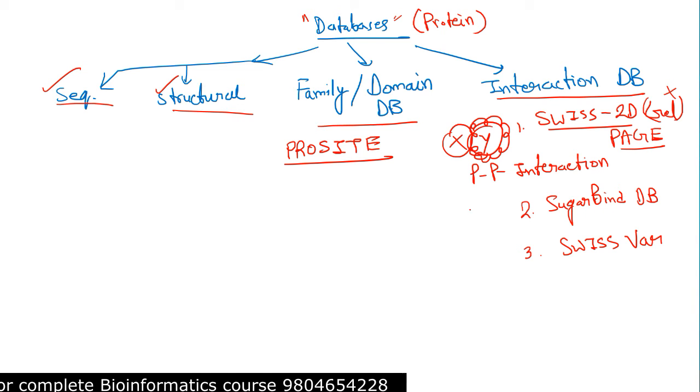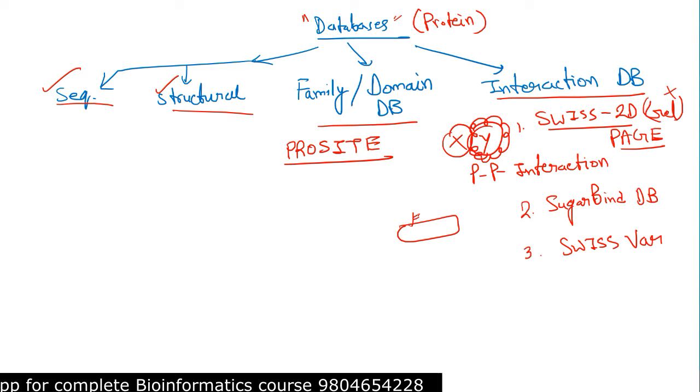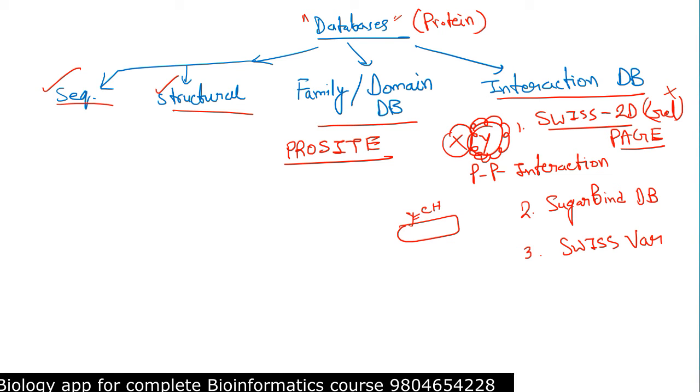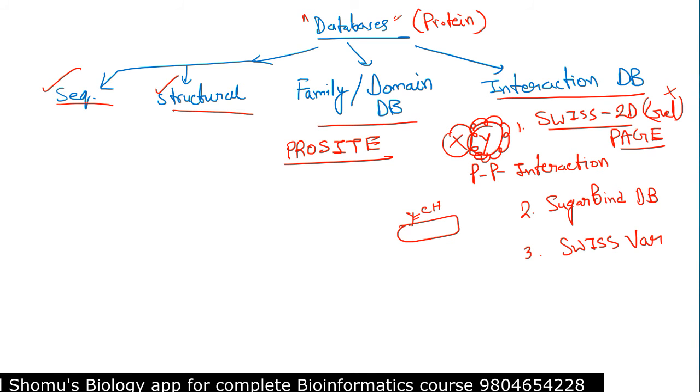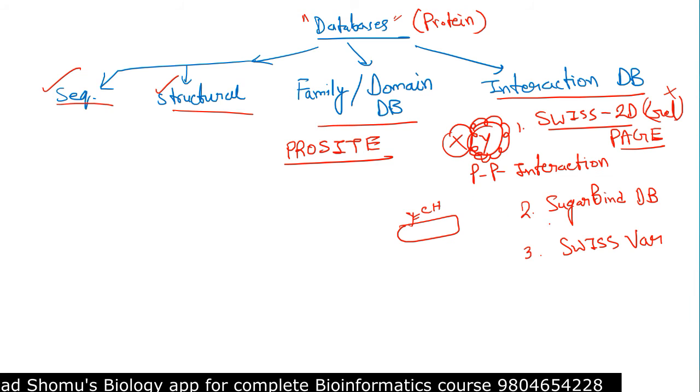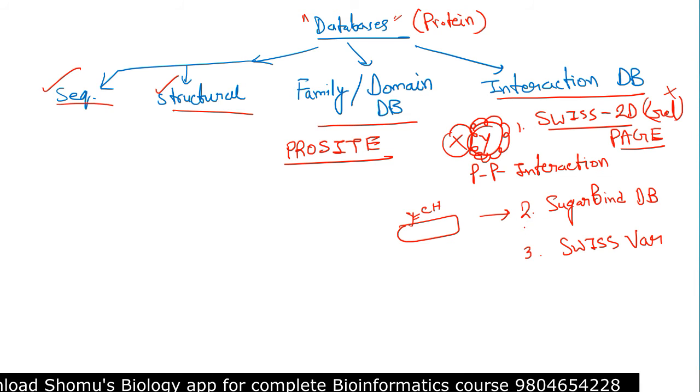There are some pathogens, bacteria, on the surface of which there are carbohydrate moieties. Carbohydrate moieties found on the surface. Like the mannose binding lectin pathway that we generally know, a separate pathway for complement fixation. We know that mannose and this kind of sugar moiety can be found on the surface of pathogens. So any pathogen with this sugar binding surface is covered by the SugarBind database.